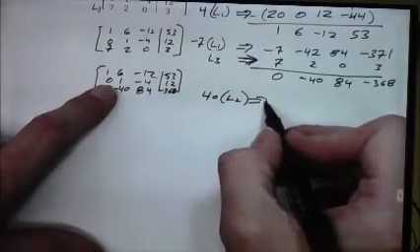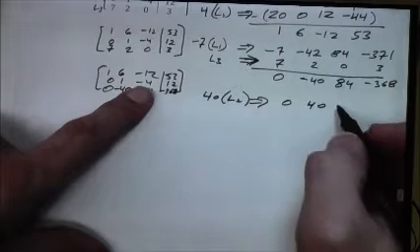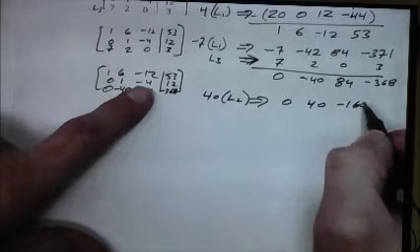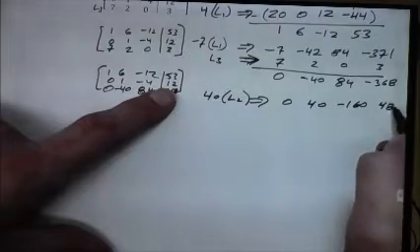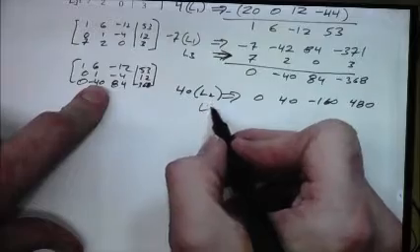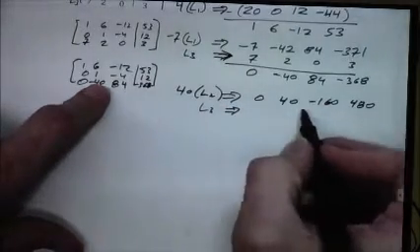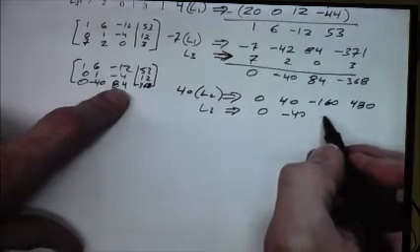40 times 0 is 0. 40 times 1 is 40. 40 times -4 is -160. 40 times 12 is 480. Then I'm going to take L3, and I don't even have to do anything to it. I can just put it underneath because it has the -40 that I can add here and get rid of it.